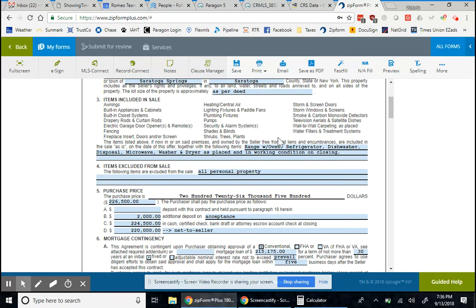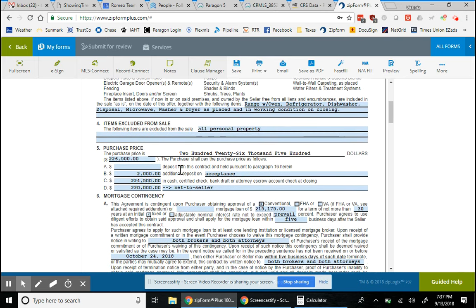They can't go in and switch out Craigslist bargains before closing. The appliances that we saw in the property are what we are assuming the sellers are leaving. They also need to be in working condition on closing. So the sellers are responsible for maintaining the appliances until closing. If anything were to break, they have to fix it. Items excluded in the sale is all personal property.